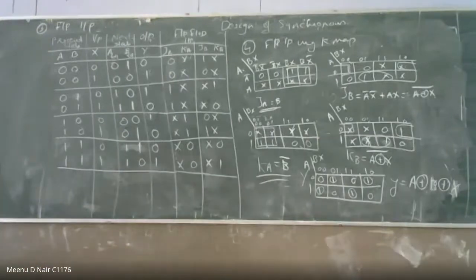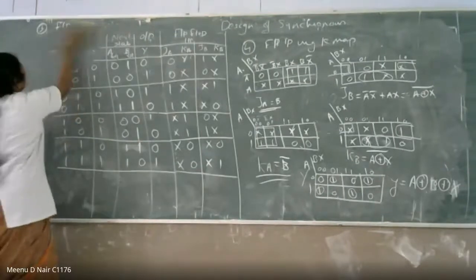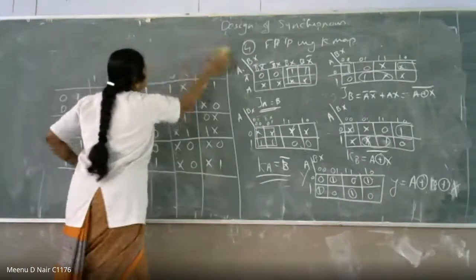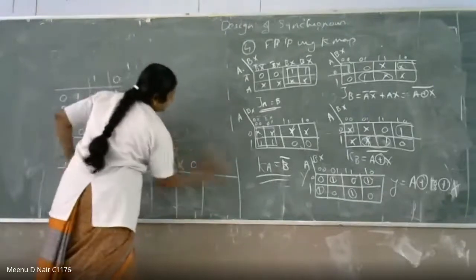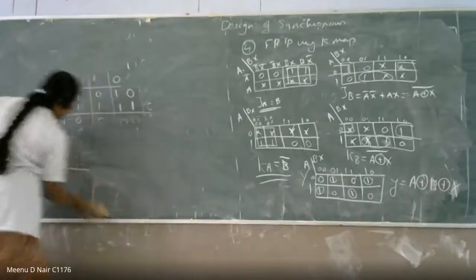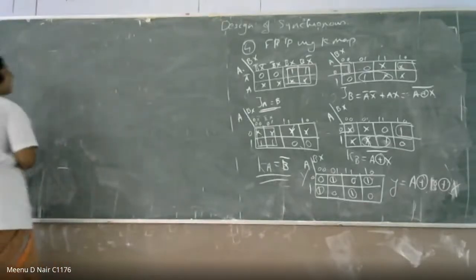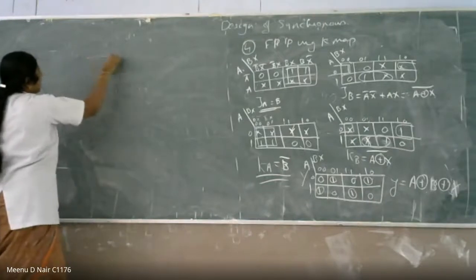Okay. Now the last step is we are going to draw the circuit diagram. We got all the inputs. So how many flip-flops are required? 2 flip-flops.